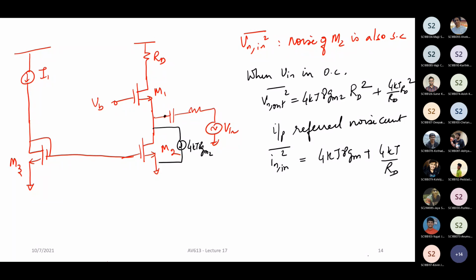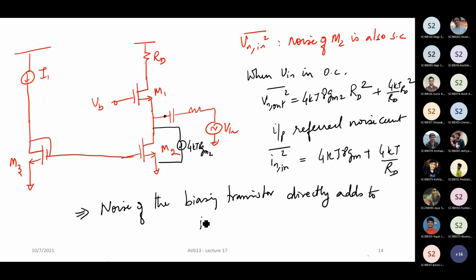Okay. So basically what happens is your Vn in squared is not affected, but your IN in squared, the noise of your bias transistor, directly adds to your input referred noise source. So the conclusion is that the noise of the biasing transistor directly adds to IN in squared bar.